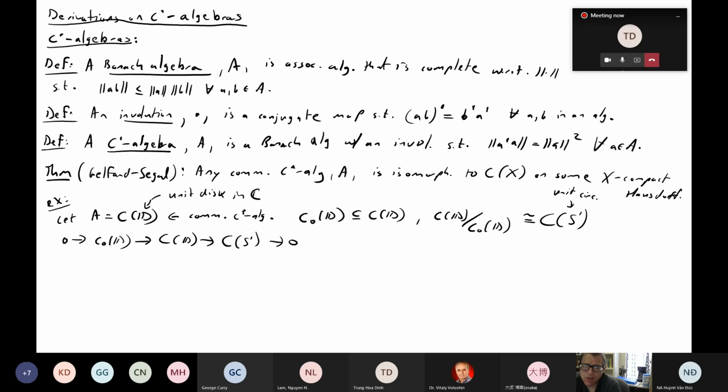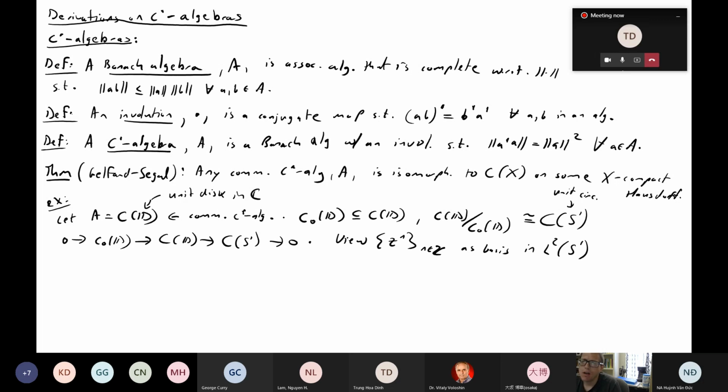Well, it is a commutative C-star algebra. In fact, it's generated by a particular element, and its adjoint, of course, but we think of it as just the element itself. Well, what is that element? What I'm going to do is view z^n, n in Z, as a basis in L2 of the unit circle or the disk.